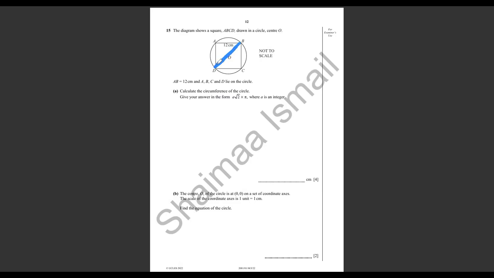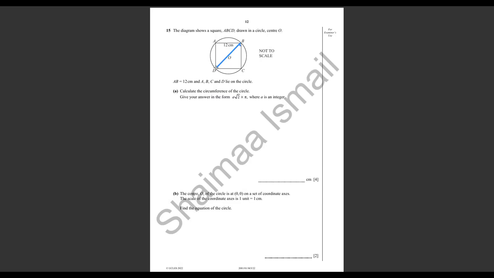We can use Pythagoras: 12 squared plus 12 squared will give us D, the diameter. If you want to calculate the circumference, as I said, we have to measure this and calculate with Pythagoras.